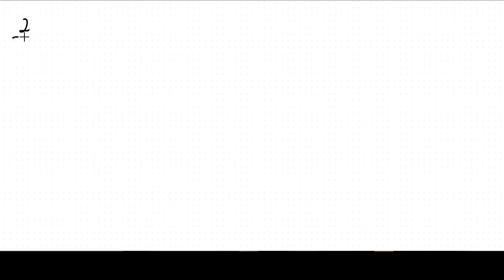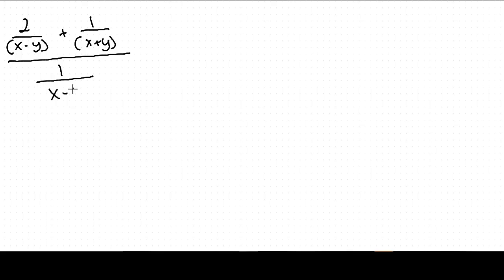This is 2. Make sure you check my signs too, because when you have so much stuff, sometimes you get the question wrong because you just wrote down the wrong sign. So I try to be really particular about it. And this is 1 over x minus y.